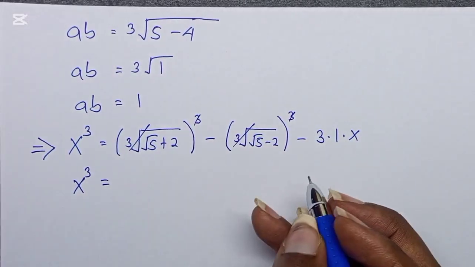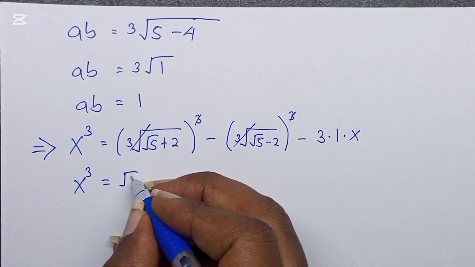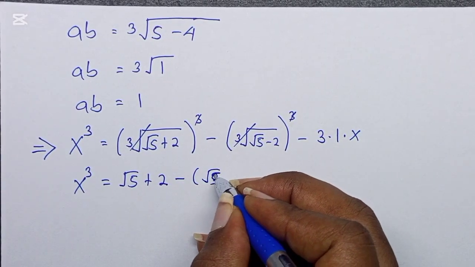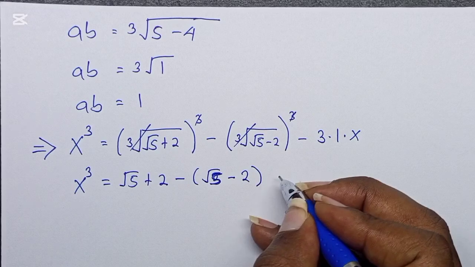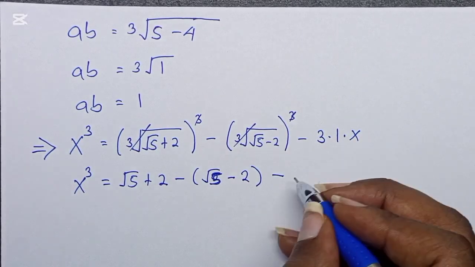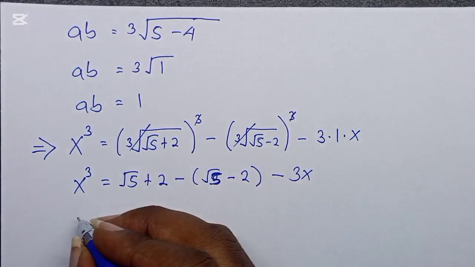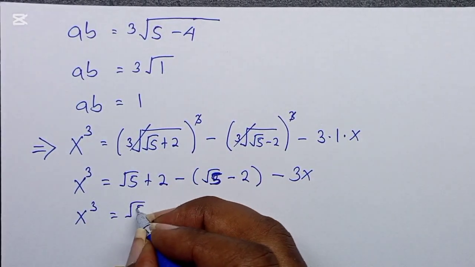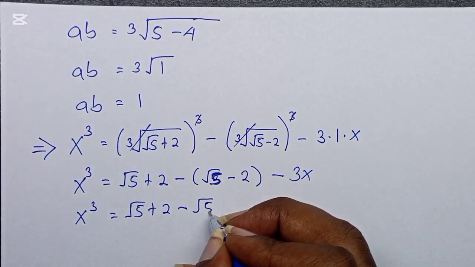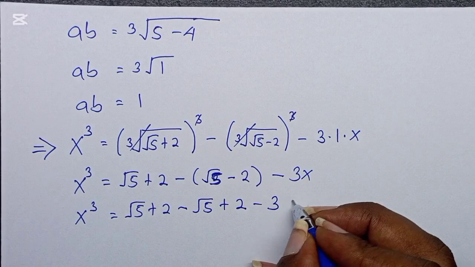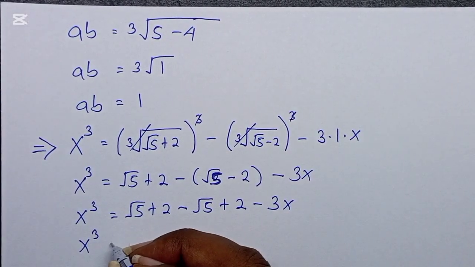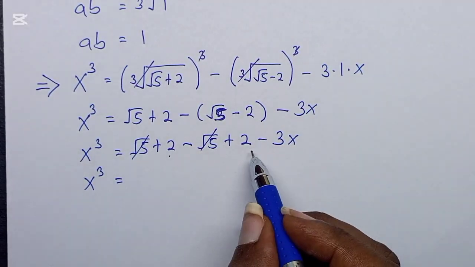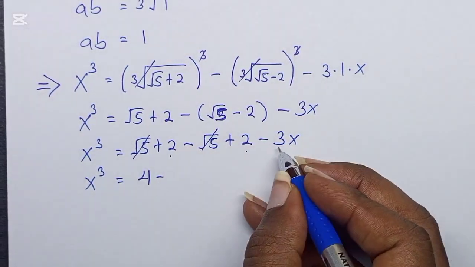Therefore, x to power 3 is equal to root 5 plus 2 minus root 5 minus 2, then minus 3 times 1 times x, which is 3x. So this root 5 cancels with this root 5, so 2 plus 2 is 4, minus 3x.